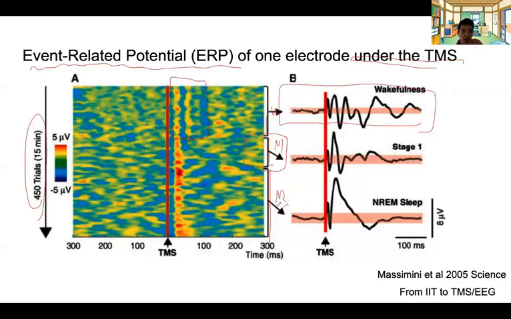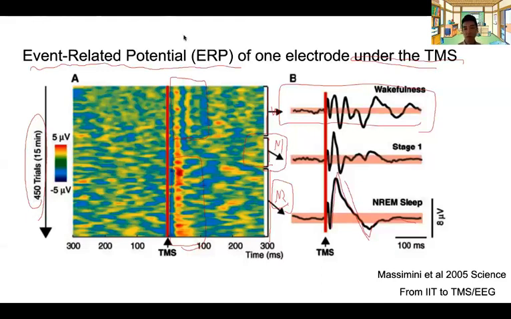And in N2, where most people do not report seeing a dream, at least 50% of the time, they found the activation by the TMS is actually larger initially, as you can see in this red part. That is reflected in this large deflection here. But it also goes down and back to baseline quickly compared to wakefulness.